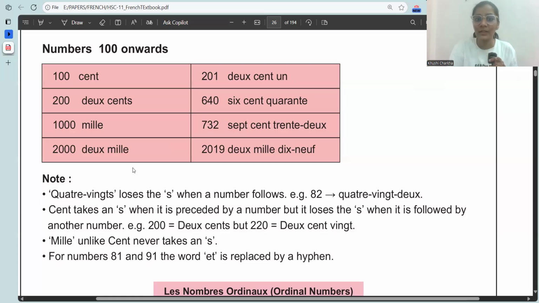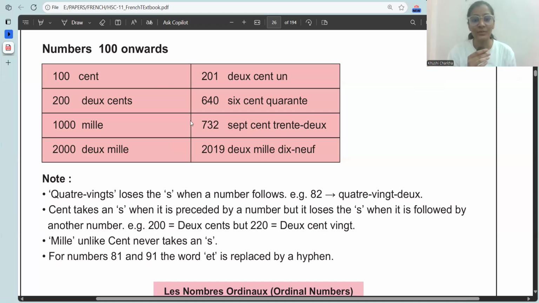You can observe it here. The cent here does not have S, but the cents here has S. Note this. This is what makes a language beautiful as well as interesting as well as difficult.